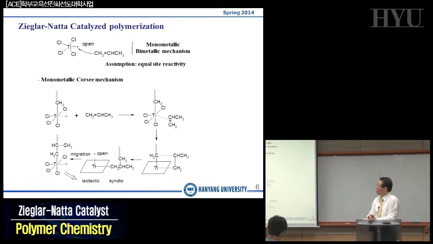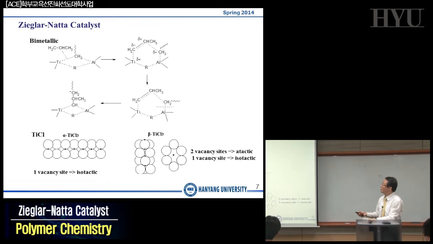And we can have a second mechanism called the bimetallic mechanism. This is the monometallic because we use a one-metal catalyst, such as titanium tetrachloride. But the bimetallic mechanism is introduced in the next slide, where you have titanium tetrachloride or titanium trichloride, whatever it is called. Titanium chloride may have a different crystalline structure. It could form an alpha crystalline structure or beta crystalline structure, depending upon the packing of the titaniums and the chlorines.